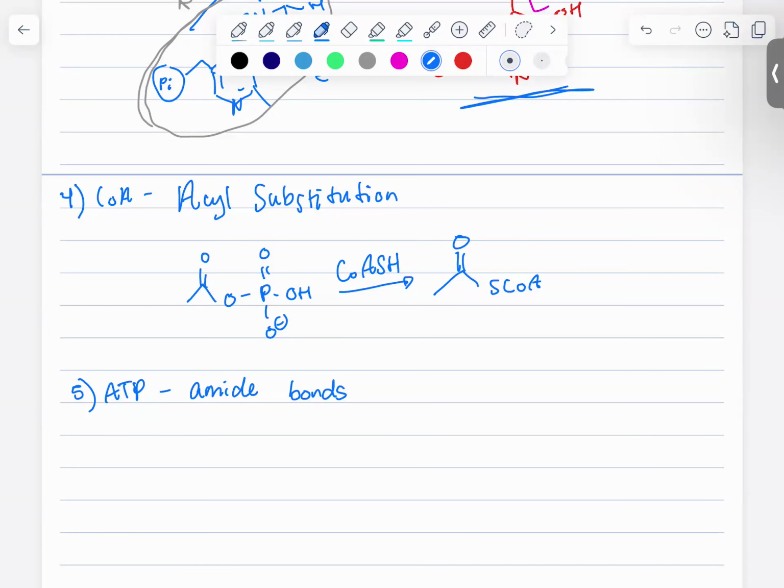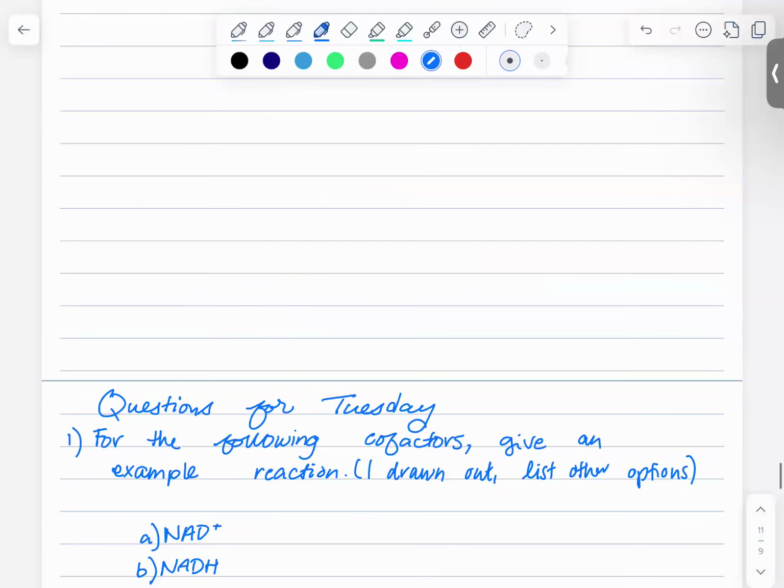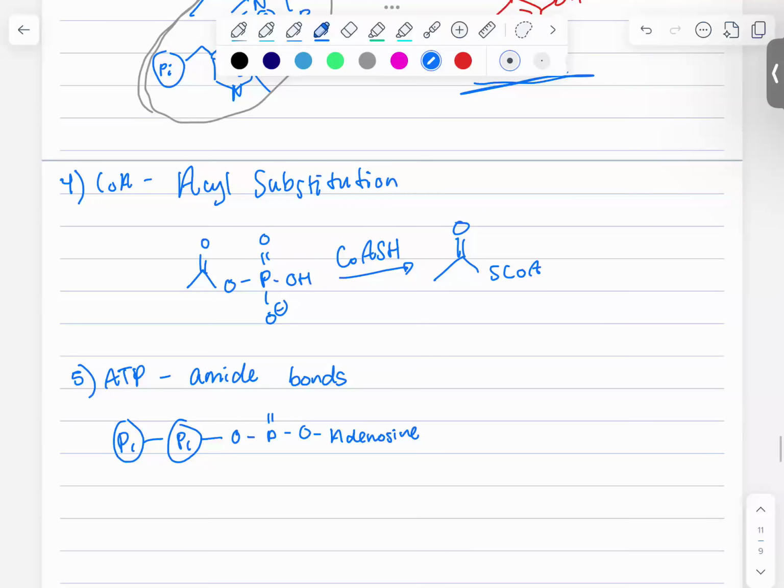So, this is our abbreviated structure of ATP.